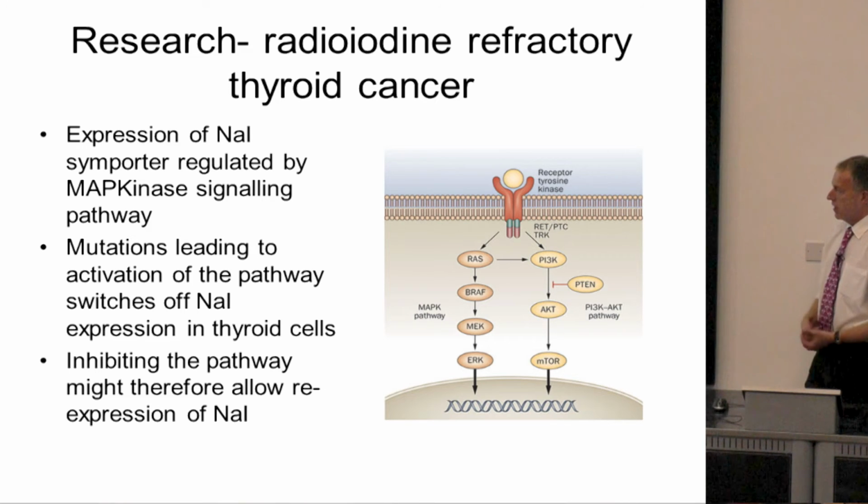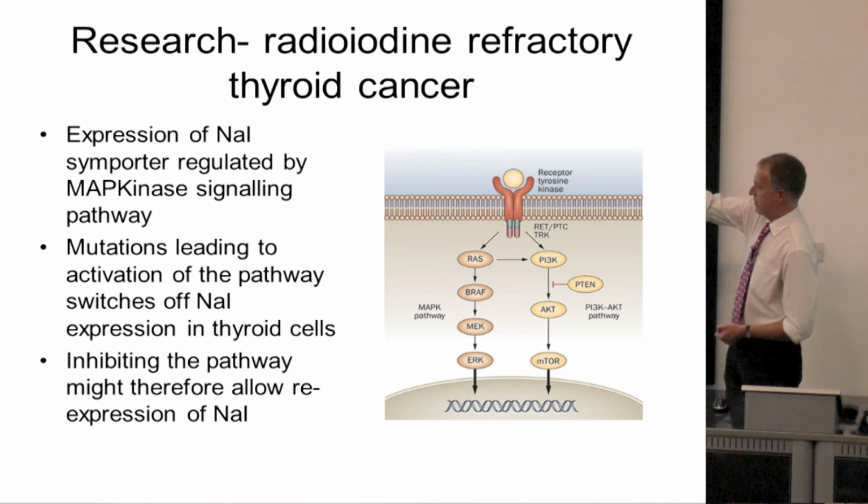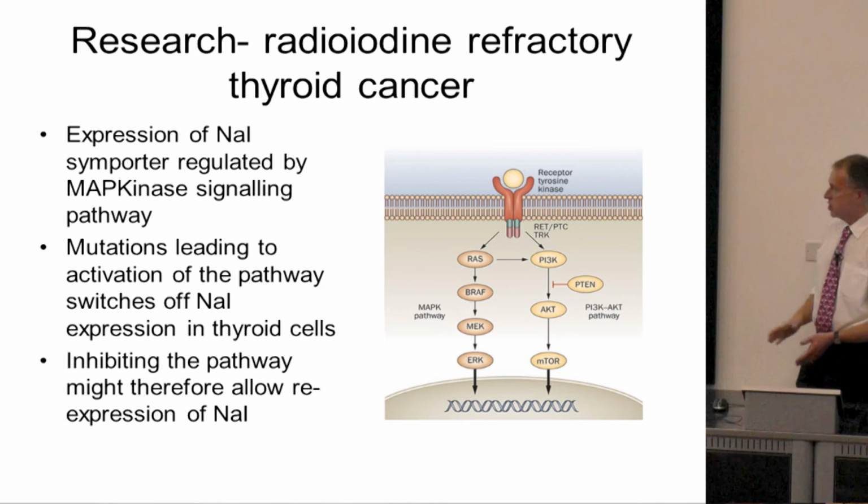But what we found in laboratory work and cell cultures is that by inhibiting that pathway, using inhibitors of one of the bits of the pathway that we call MEK, you can actually switch back on expression of the sodium iodide symporter. So in cells that have become resistant, you can make them sensitive to iodine again by switching back on expression of the sodium iodide pump.